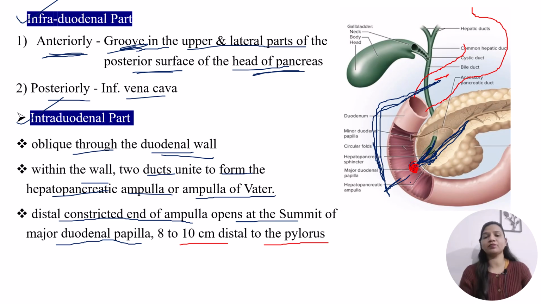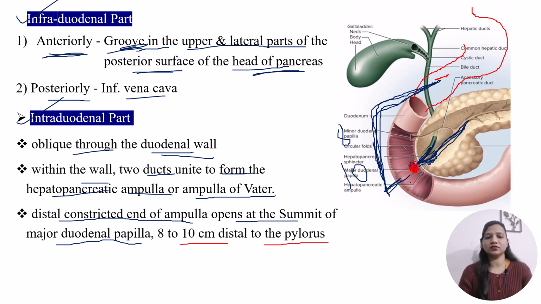This measurement is important during imaging processes, or we can say during ERCP it is very important. ERCP means endoscopic retrograde cholangiopancreatography. What is ERCP? We will discuss it in the further lectures. So from the pylorus, the major duodenal papilla length is 8 to 10 centimeters. Okay, this is an important point you have to keep in mind.